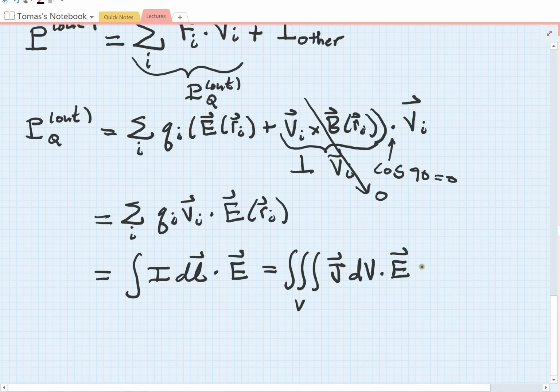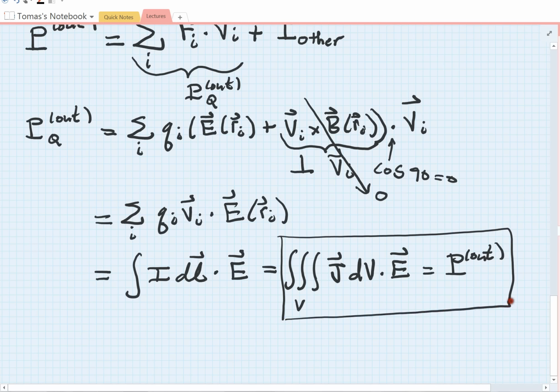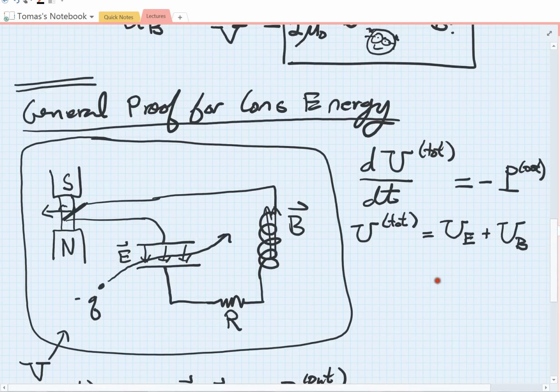So this gives us a nice result for the power out associated with work done on particles. That, combined with our knowledge of how to calculate electric and magnetic energies, allows us finally to test whether we can build a fully consistent field theory that actually conserves energy.